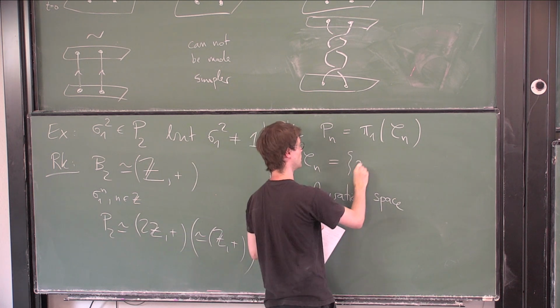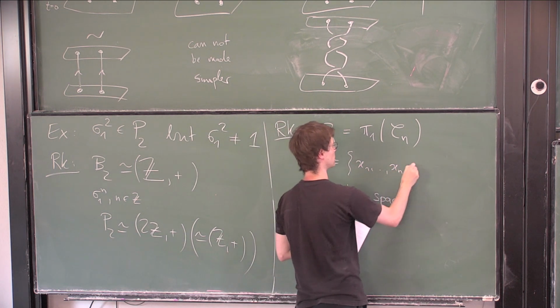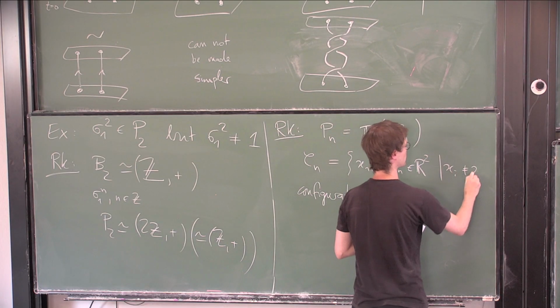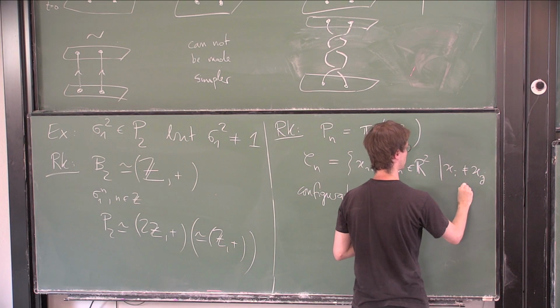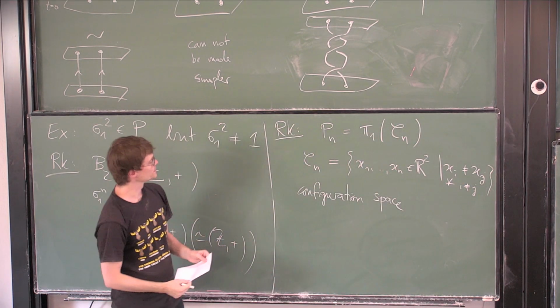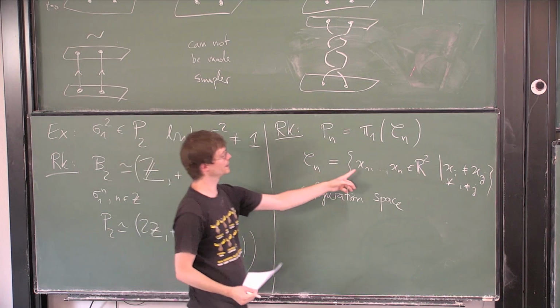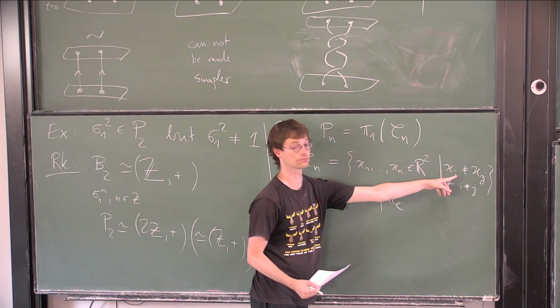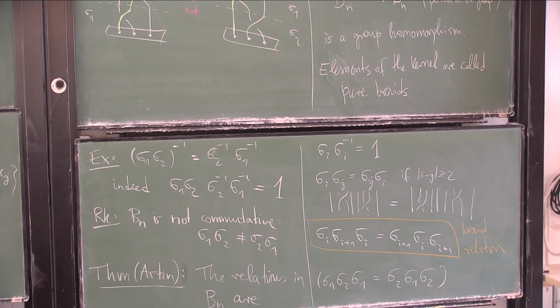It's simply x1 to xn points in R2 such that they are different. So you take the space of all n-tuples of points in the plane which are two by two different. This is some topological space.